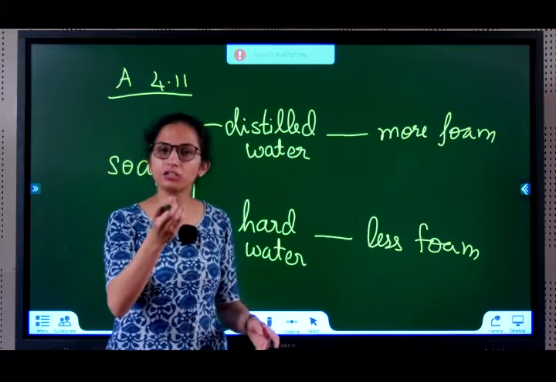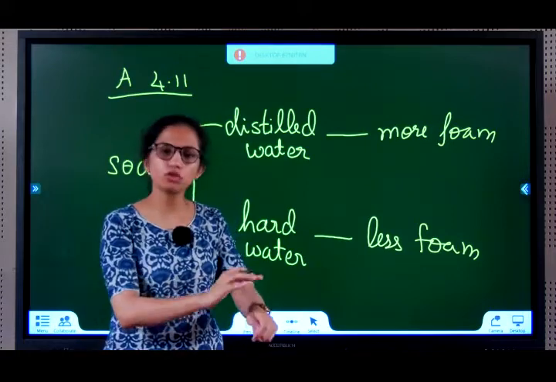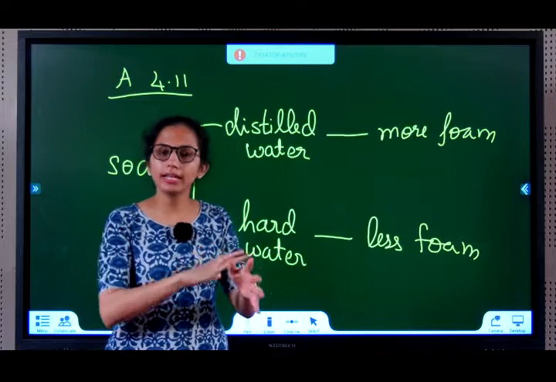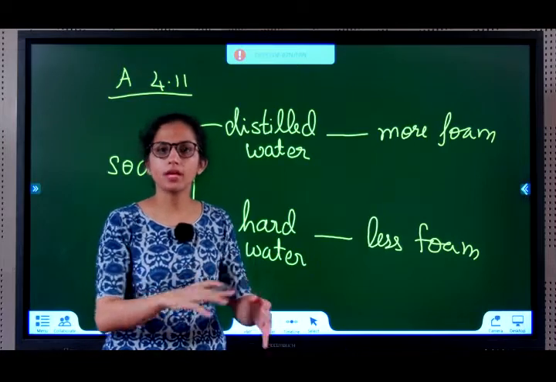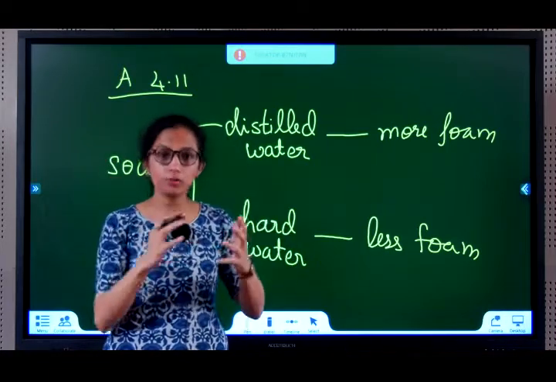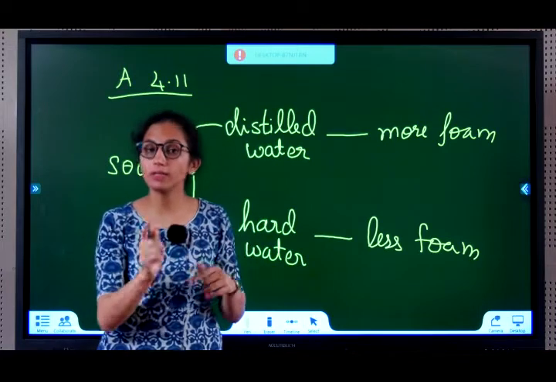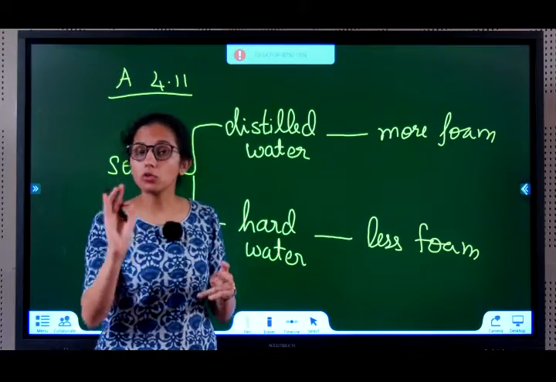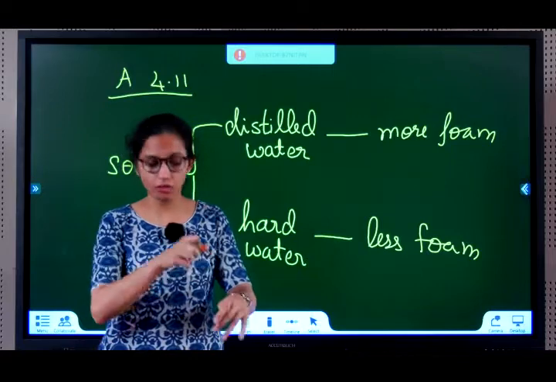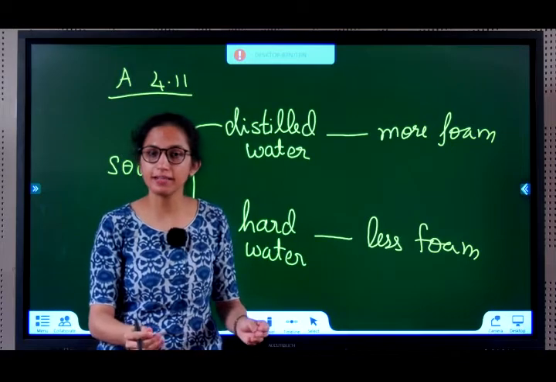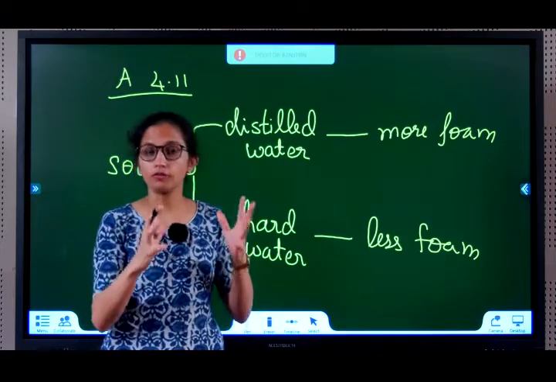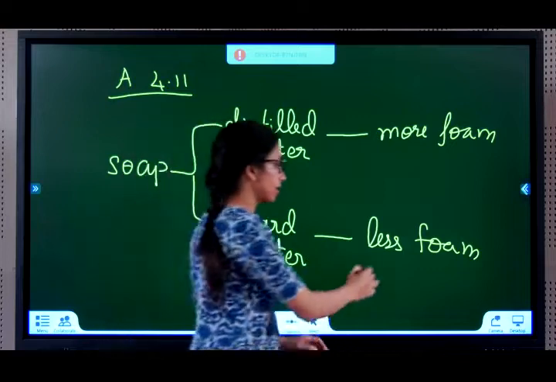After you have a bath, you can see one kind of white substance, and you don't get so much lather, no foam. You put shampoo, shampoo gives you a lot of lather, but soap does not. Why? And that soap, after you wash it, you can see some white color substance. That substance is called scum.